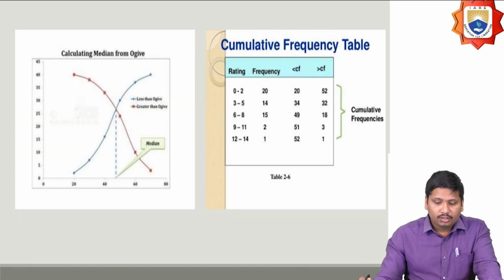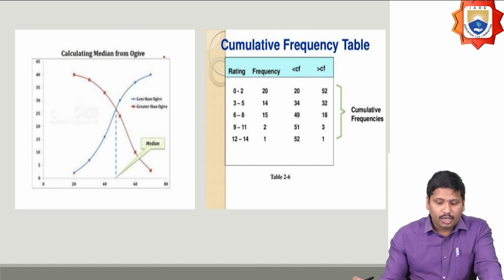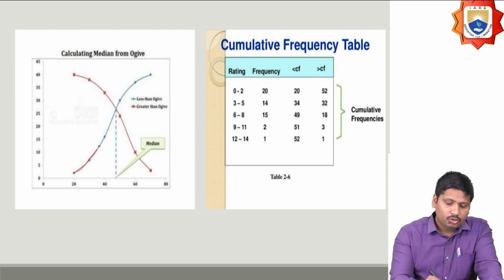See this here. After plotting these points, all the lines are joined, and the joined points are presented as a blue curve, and similarly another ogive is drawn in red color.